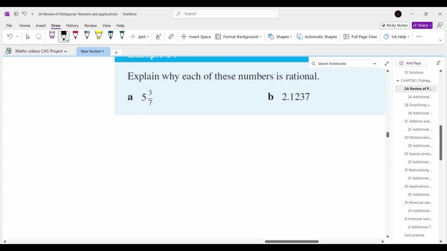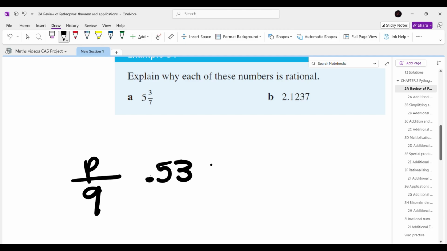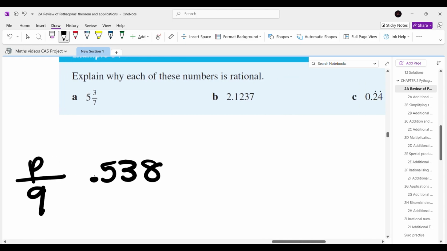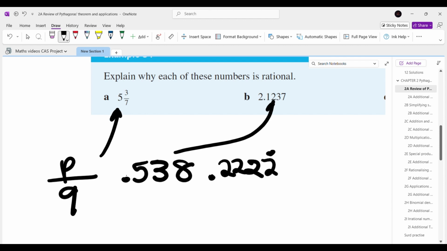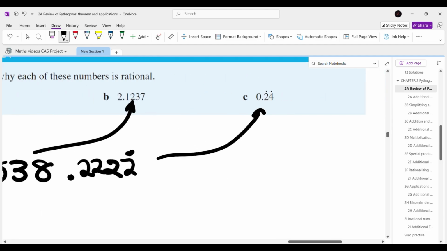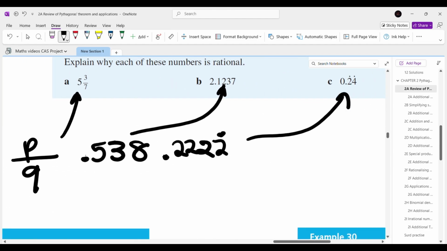As I was saying before, I was talking a lot about rational numbers. Rational numbers are numbers that can be expressed as a fraction, p over q, that have a decimal but terminate, like 5.38, see how it terminates and stops going on forever, or that are infinitely recurring but with a systematic pattern that we can predict, like 0.2222 recurring. So this is rational, this terminates, and this is recurring.